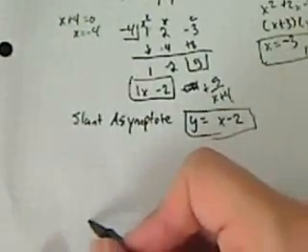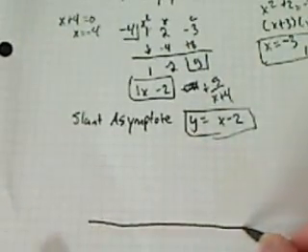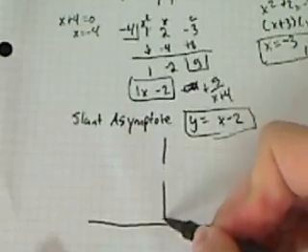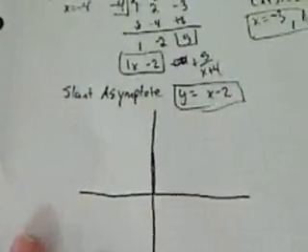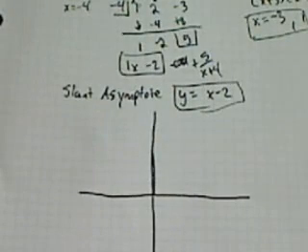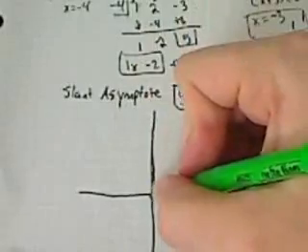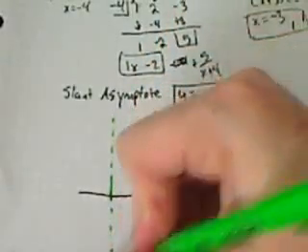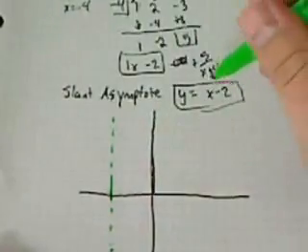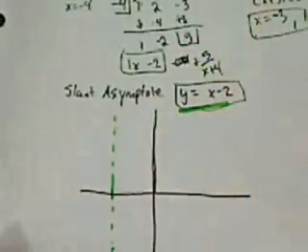So now let's take a look at how the graph is going to turn out on this equation. First of all, I'm going to start by trying to graph my asymptotes. So x equals -4 is going to be my first asymptote. 1, 2, 3, 4. The second thing I need to graph is y equals x minus 2.